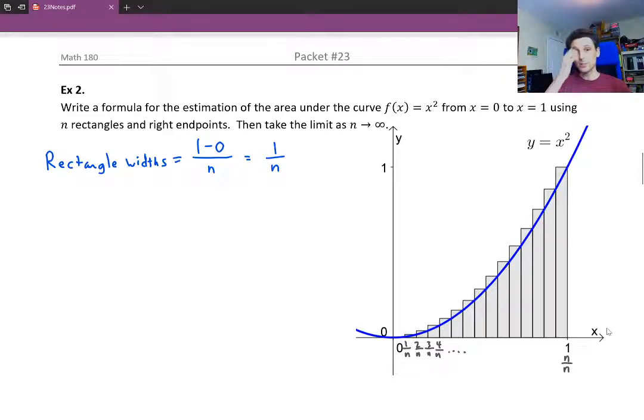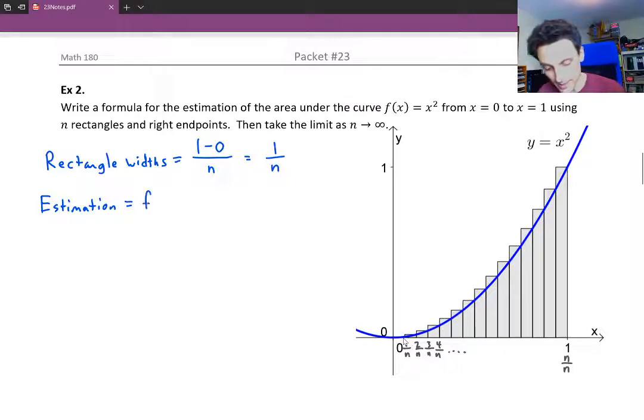Okay, so with that in mind, let's try to calculate the areas of each of these rectangles and see if we can add them up to something. Well, first off, the height of each of these rectangles is given by the function values at each of these x values. On that first subinterval, we're using the right x value, which is 1 over n.